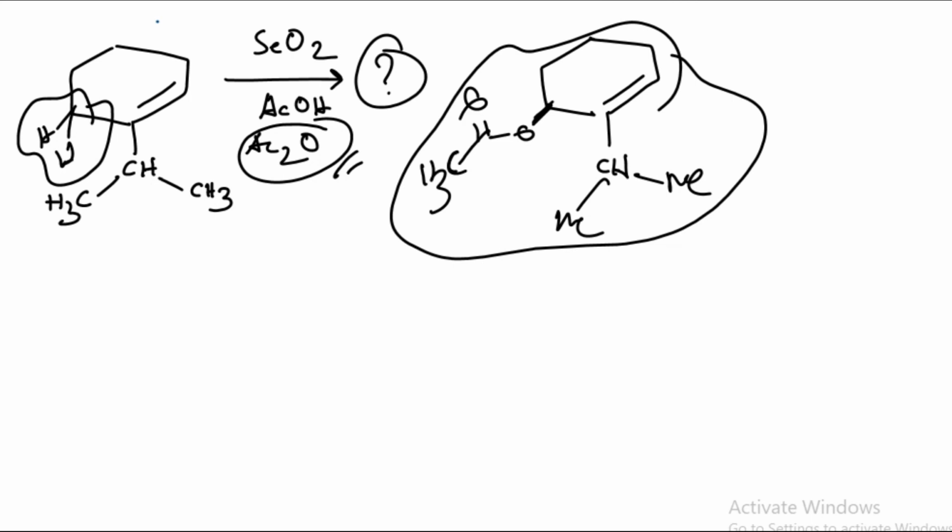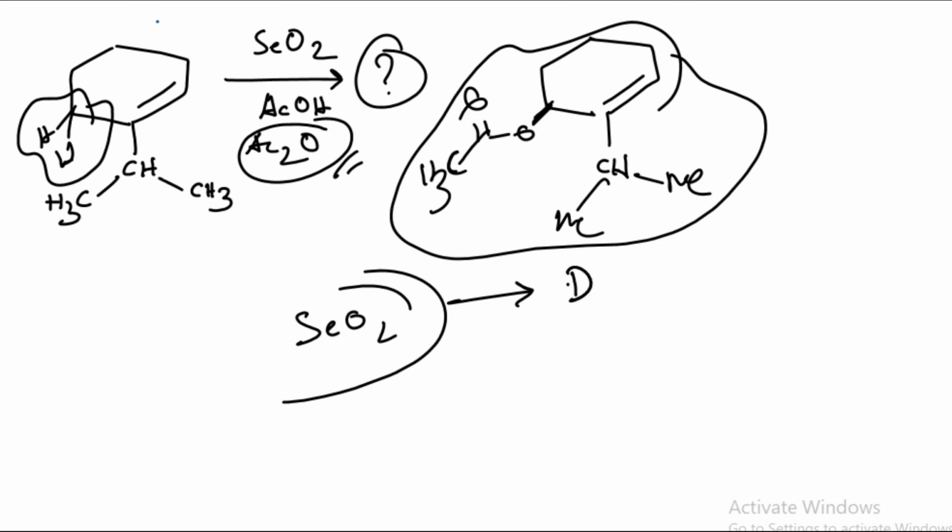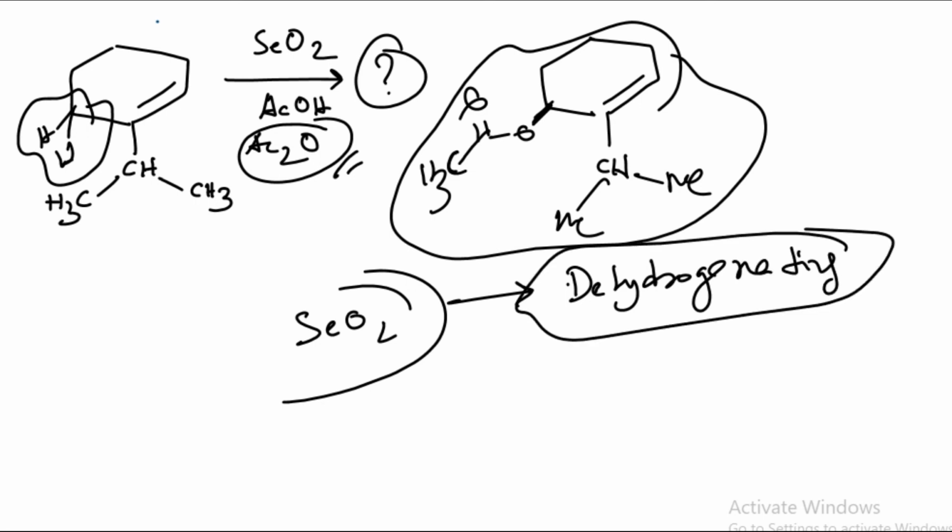So this is the whole lecture on the selenium oxide based oxidation. There is another type of selenium oxidation taking place, in which selenium actually acts as a dehydrogenating agent. So that is a very vast topic, but it has significantly less importance.